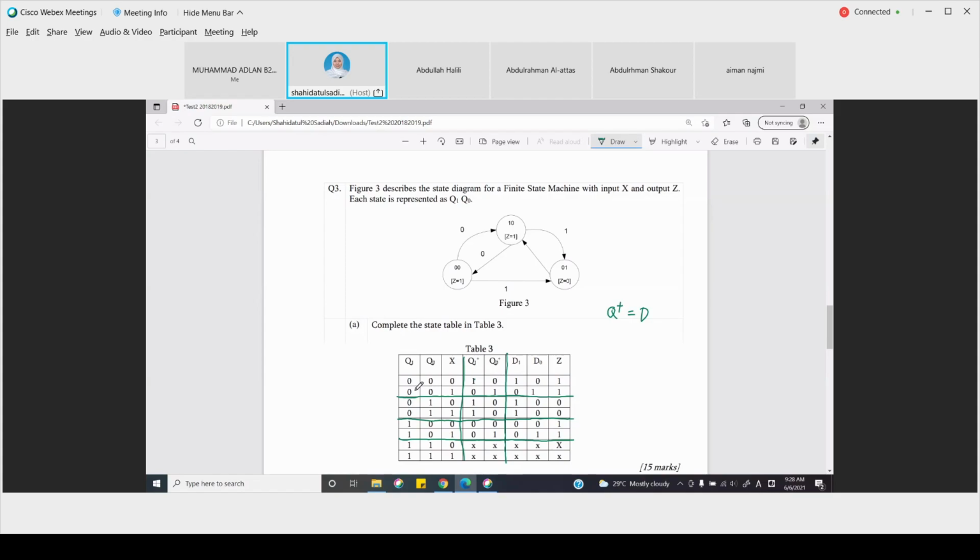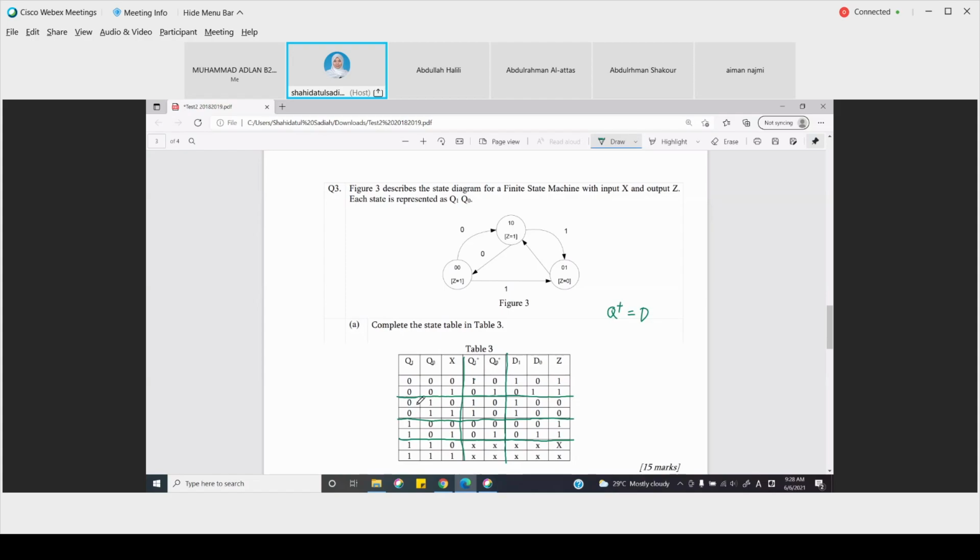So when the present state is 0, 0, Z is 1. Okay, and when the input is 0, the next state will be 1, 0. And if input is 1, the next state will be 0, 1. Okay, 1, 0, 0, 1. This one follows because it's the same.